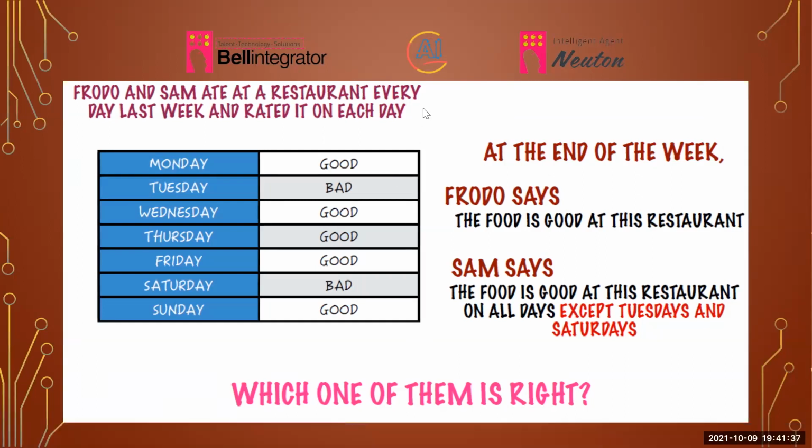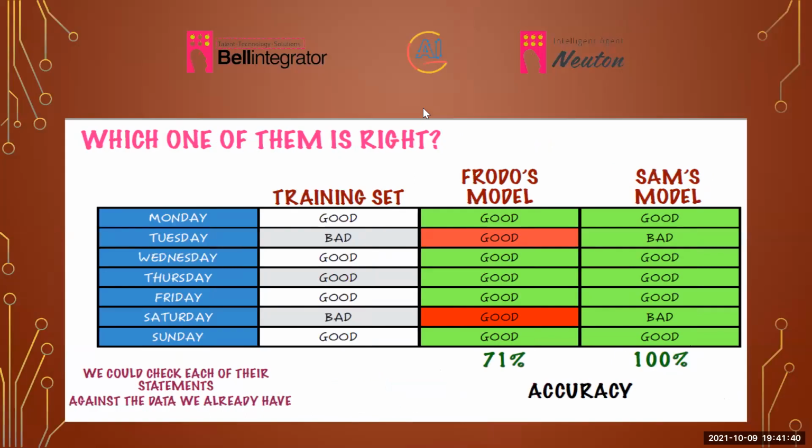So they went home and started applying a decision tree on their data, and they saw that Frodo predicted that on Tuesdays the food was good, as he said the food was good on all days. So on Tuesdays also he predicted that food was good, and on Saturdays also he predicted the food was good. This is the training model, okay? And Sam, as he said, except for Tuesdays and Saturdays, has 100% accuracy.